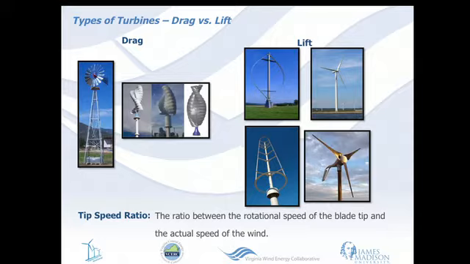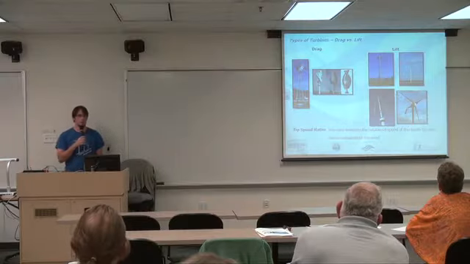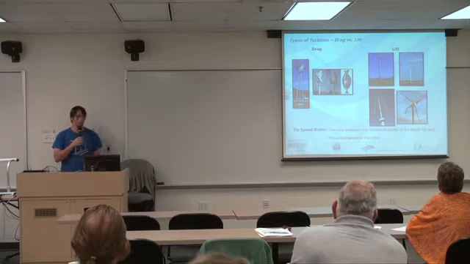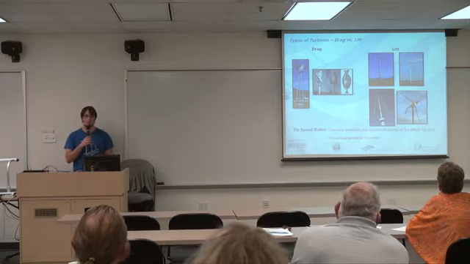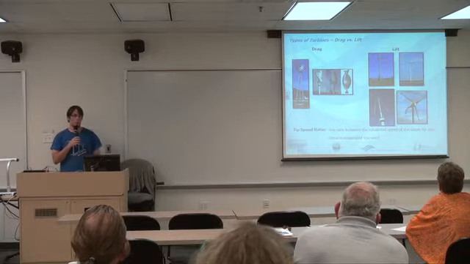Next to it is a vertical axis machine of a similar design with a similar capture concept. Drag turbines are able to generate a high amount of torque, which is good for mechanical processes like pumping water and grinding grain.